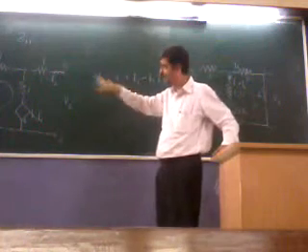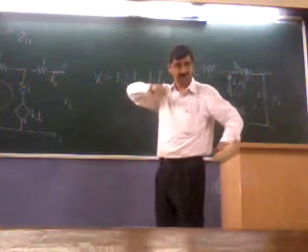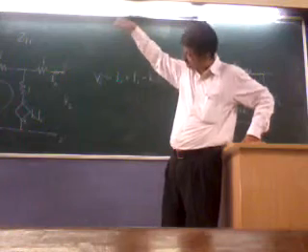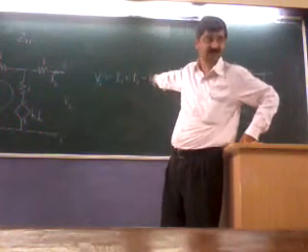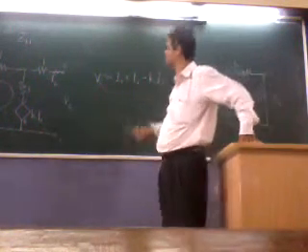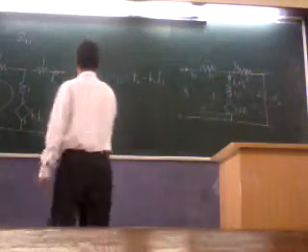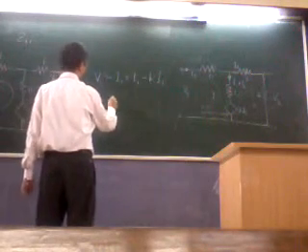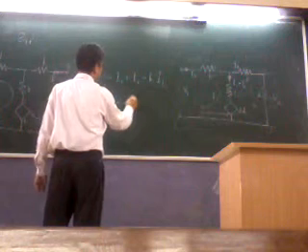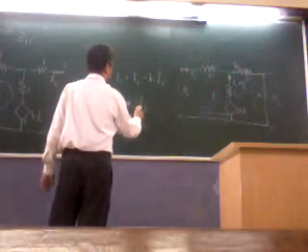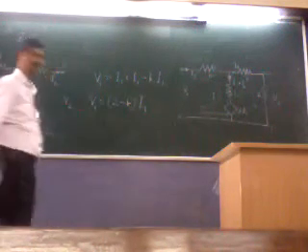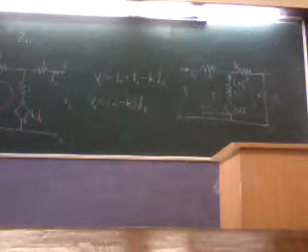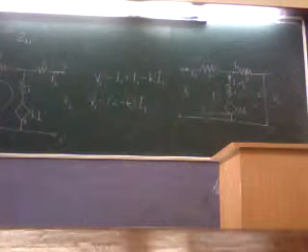If the voltage source is in this direction, then it goes minus. So V1 is equal to 2 minus K times I1.